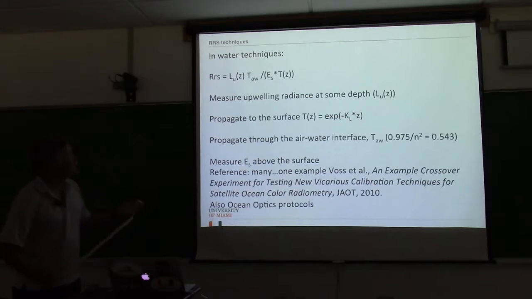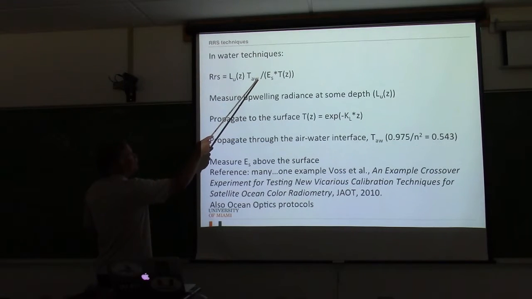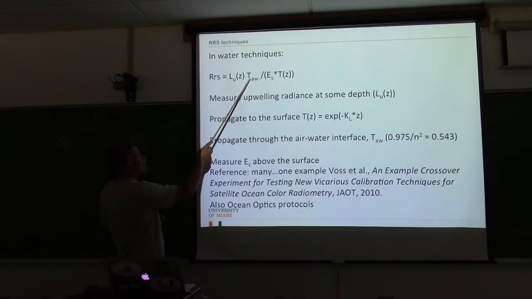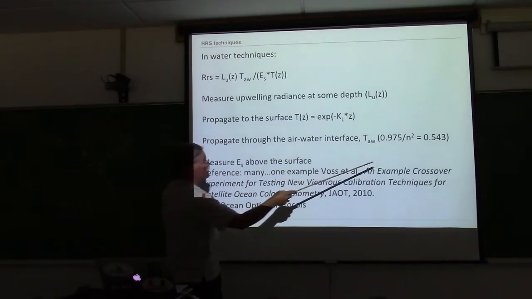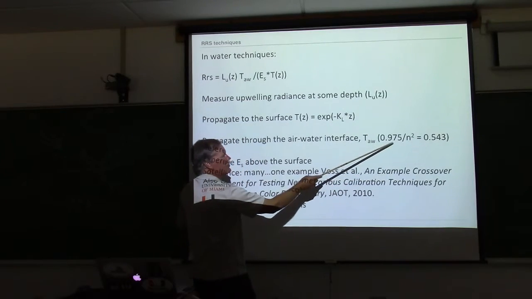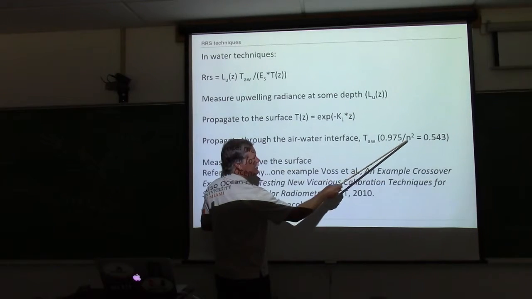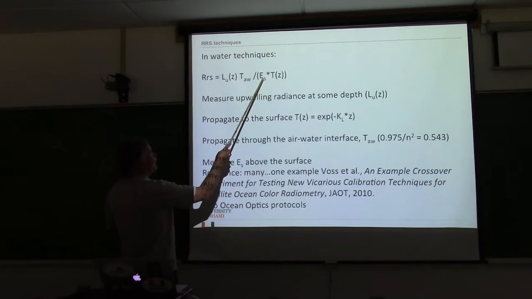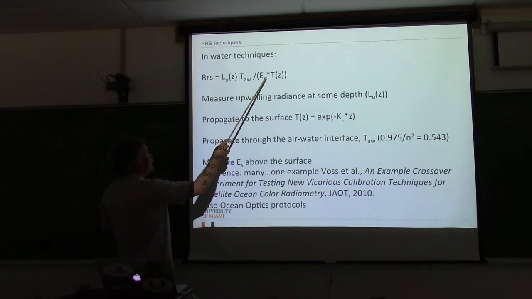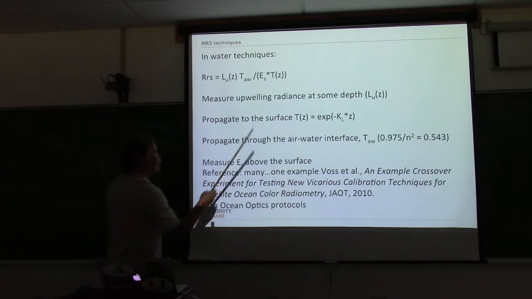For the in-water techniques, to get the remote sensing reflectance, you measure the upwelling radiance at some depth. You have to transmit that through the air-water interface, which is this factor 0.543, which accounts for the reflectivity or the Fresnel transmission from the surface, and then the n-squared factor I told you about, divided by the downwelling sky irradiance times the transmission.